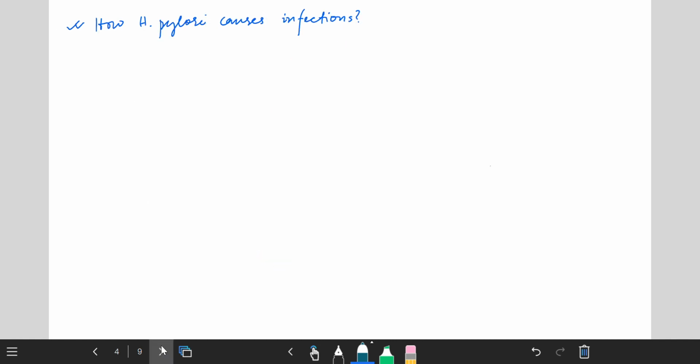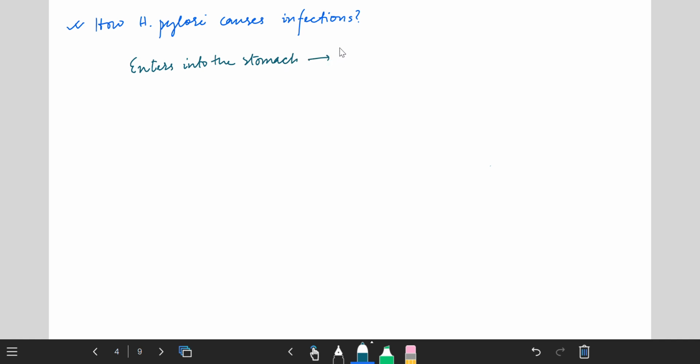Okay, now how does H. pylori cause this kind of infection? That is the question. So obviously it will enter the stomach. After entering into the stomach, what will it cause?